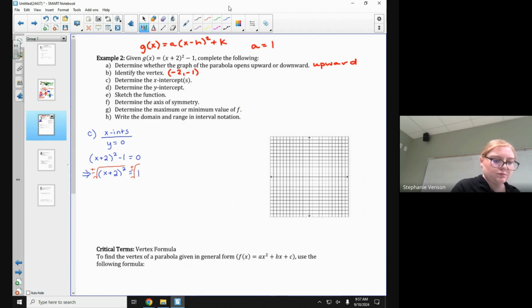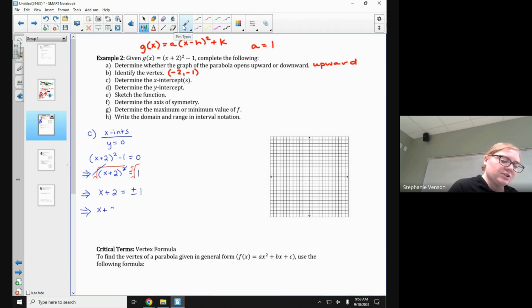All right, so we have, oops, we don't need plus or minus on both sides. We just need plus or minus on the numerical side. Sorry about that. There we go. So over here, the square and the square root cancel. So we have x plus 2 equals, and what is the square root of 1? 1. That's right. So x plus 2 equals plus or minus 1. So what am I going to tell you to do next? Split it. Yeah, break it into 2 equations.